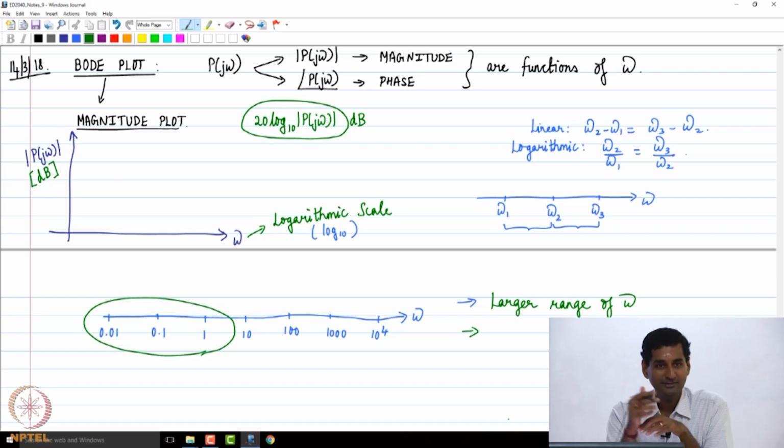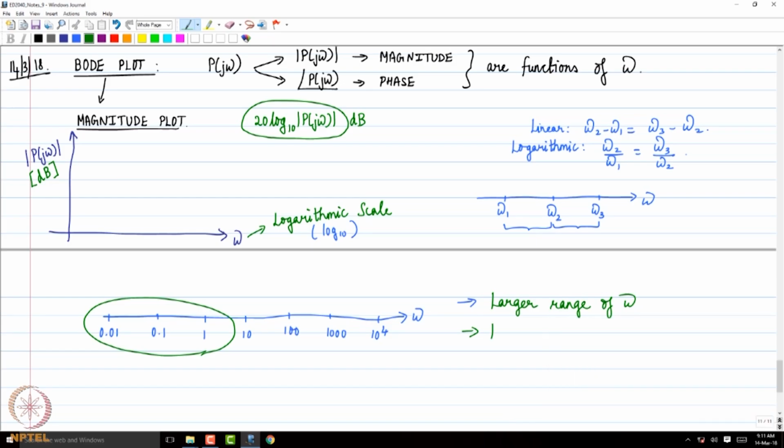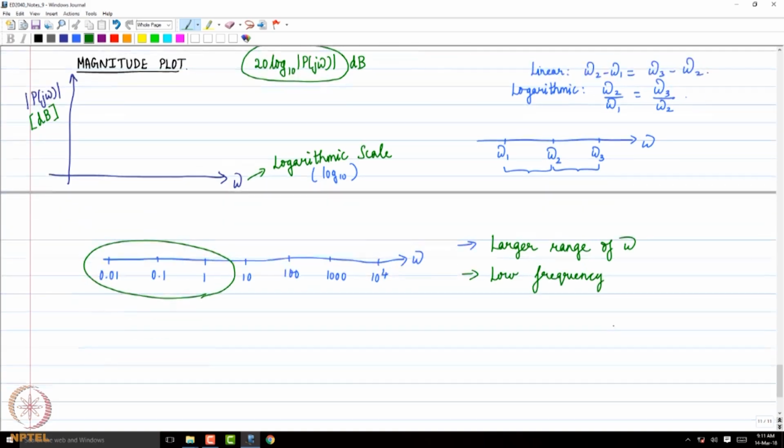On the other hand, in the logarithmic scale, you can really expand the low frequency region. That's something which is also of interest to us.